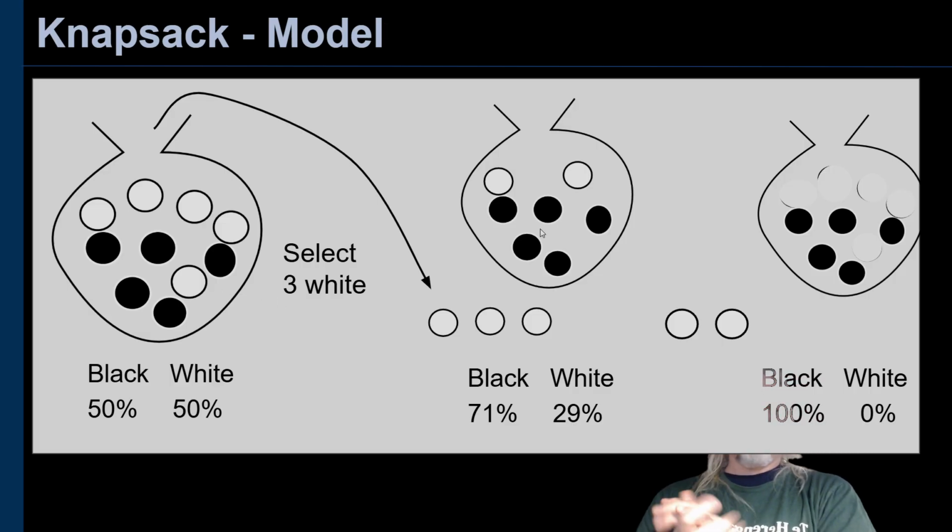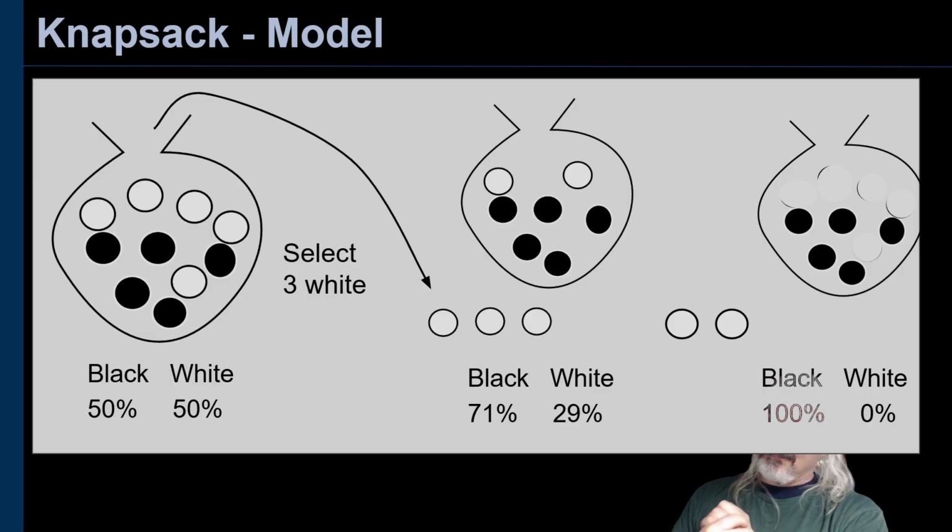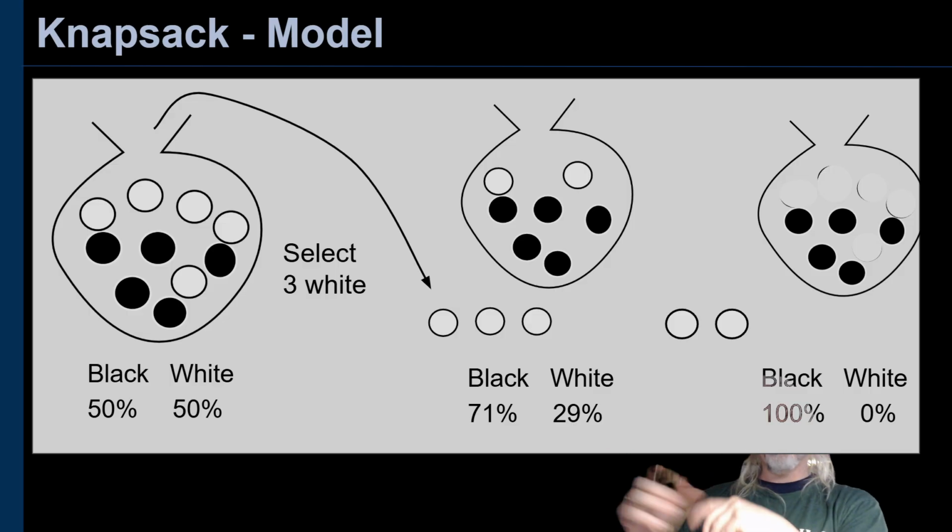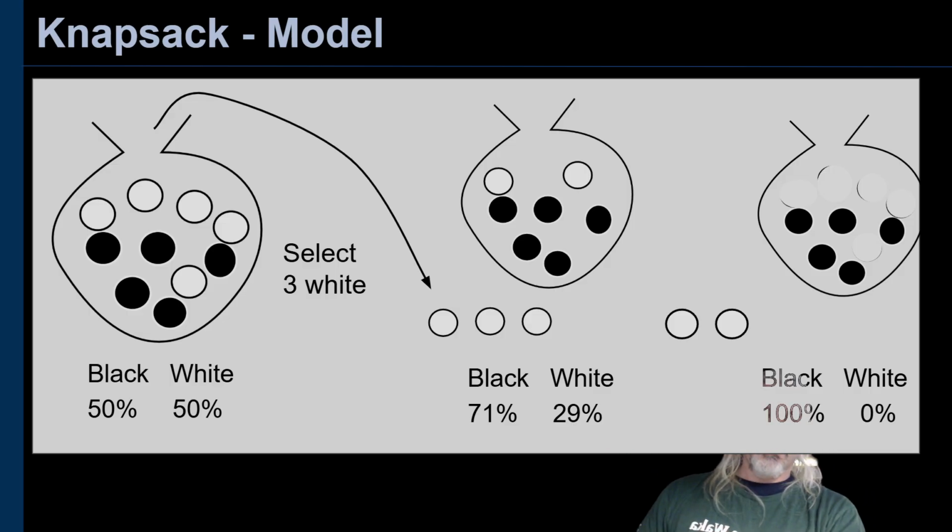But the thing is that if you had a 70% chance and you went black, next one black, next one black, next one black, next one black, at some point you might go, I know 30% of them are white. At some point it's going to be a white one. And then you would try and second guess the distribution and go white.